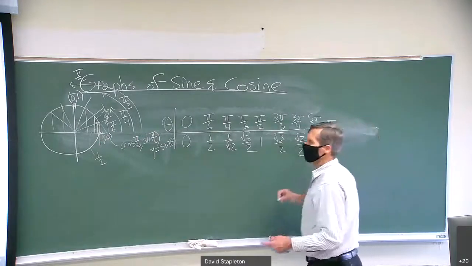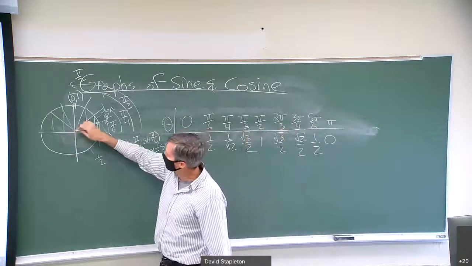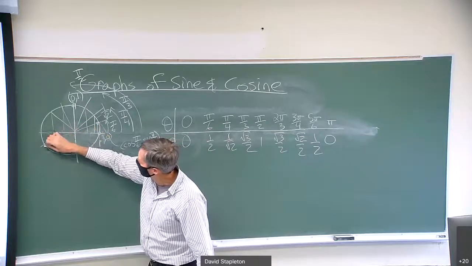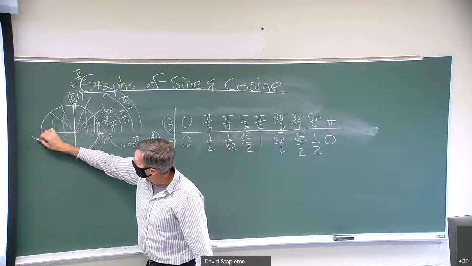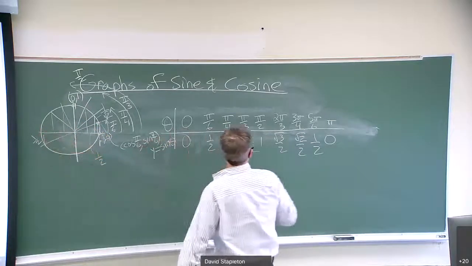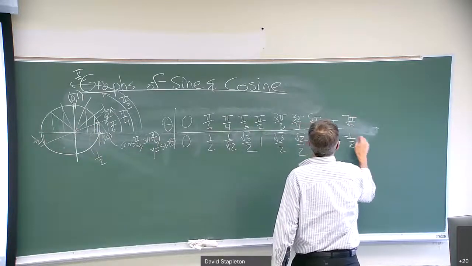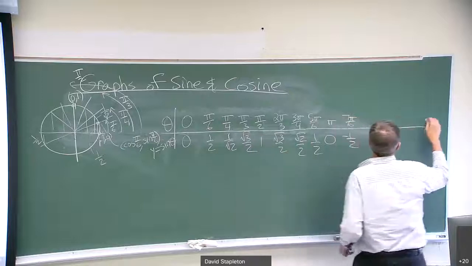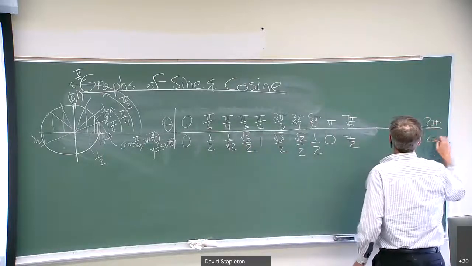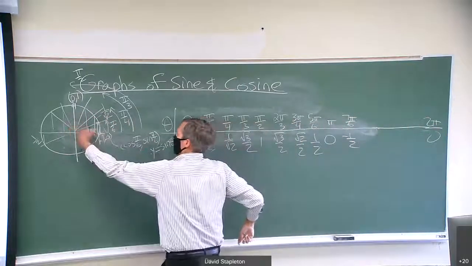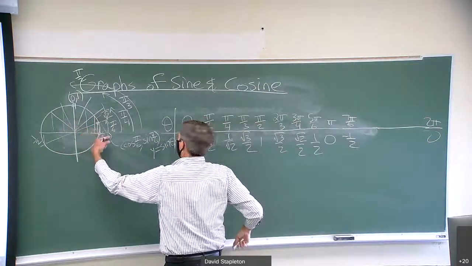And then we have the same coordinates except negative going around this way, right? At 7 pi over 6, the y coordinate is minus 1/2, 1/2 unit down. And so on, now we get the negatives of all these coordinates coming back until we go around to an angle of 2 pi, all the way around, and the sine is 0 again.